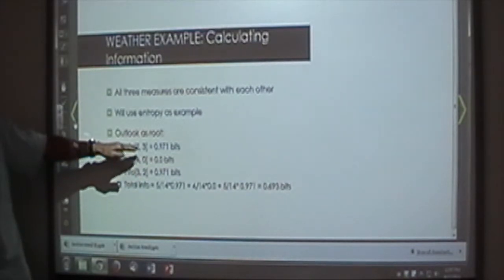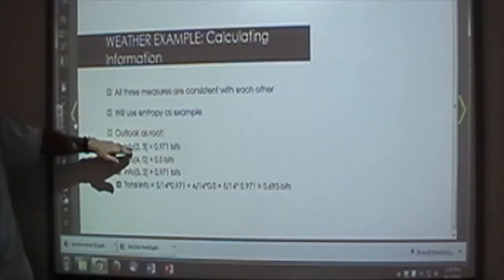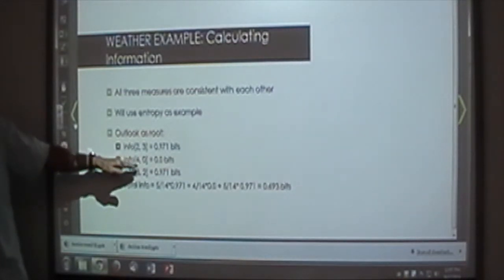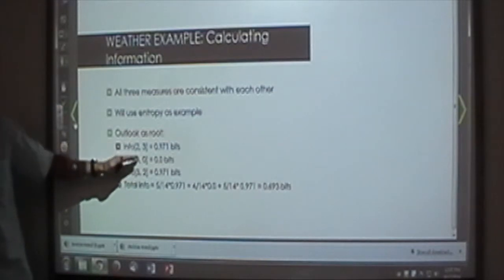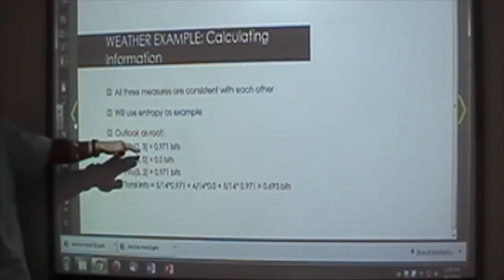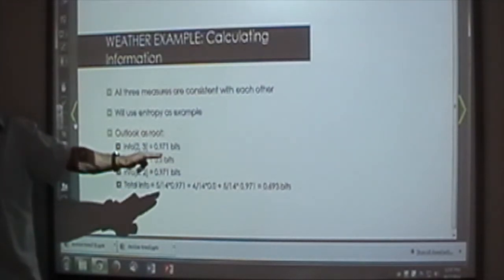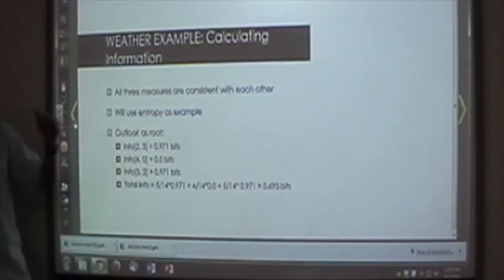So the amount of information to be gained there is probability 0.4 times the log of 0.4, and remember, the log is base 2, plus the log of 0.6, which is 3/5, times the log of 0.6. And that's where you got that 0.971 bits for that one branch, the sunny class.